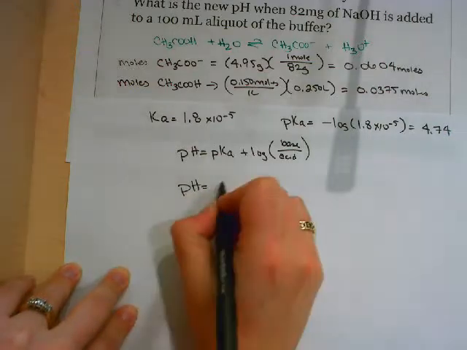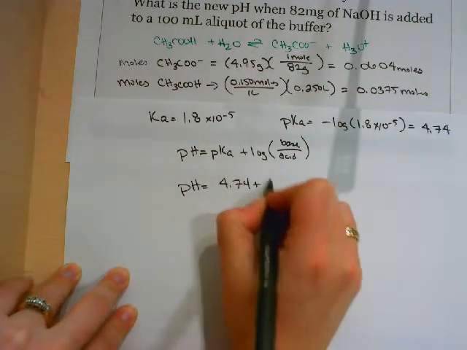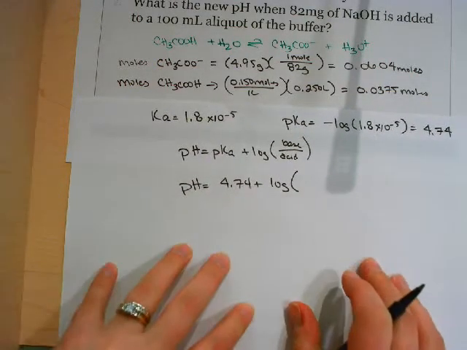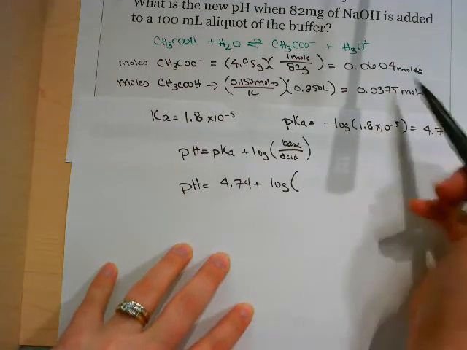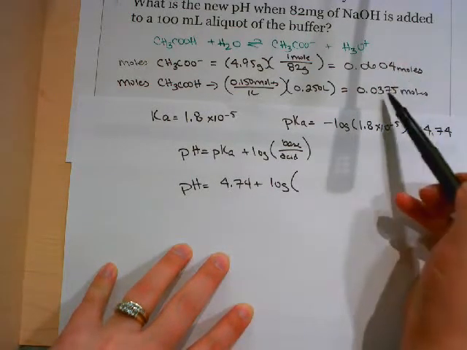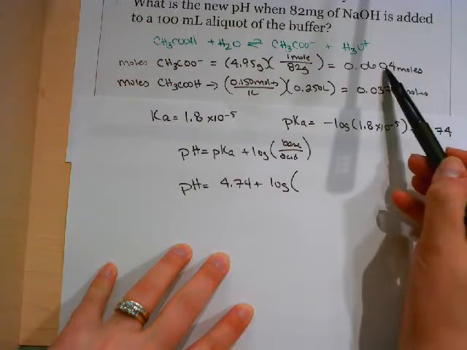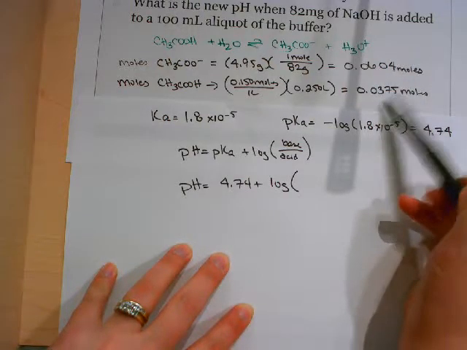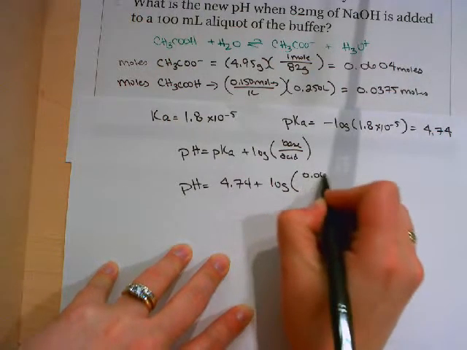Okay, pH equals 4.74 plus log. Which one was the base? This number 1 or number 2? Which one's the base? Number 1. So put that on top.